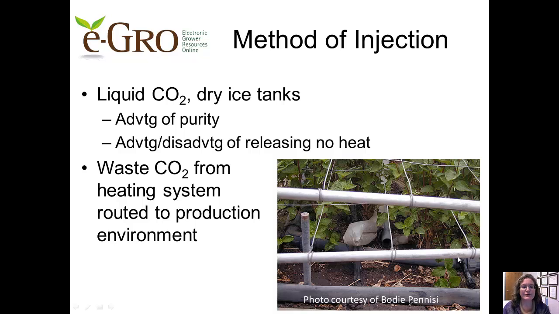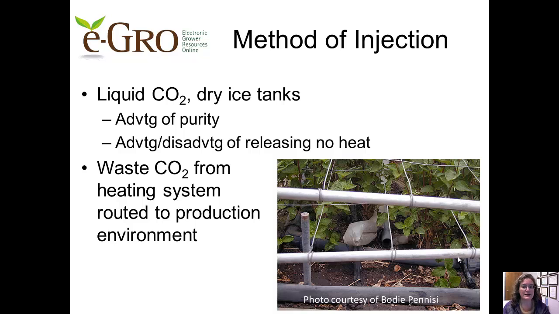Injecting CO2 from liquid or dry ice storage tanks is an option for larger growers. This offers the advantage of purity and releases no heat, which may or may not be an advantage. In this photo, CO2 is delivered into the crop canopy through small holes in the inflated plastic tube. A third mode of injection is a part of the design of heating systems of modern greenhouses.